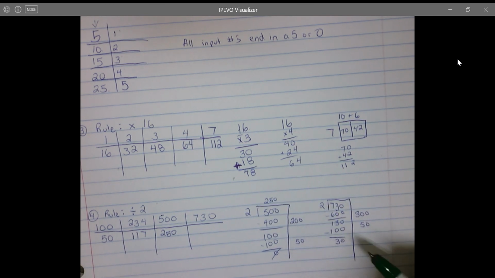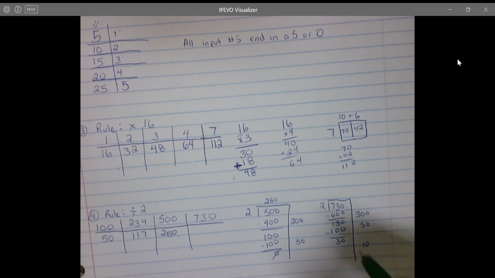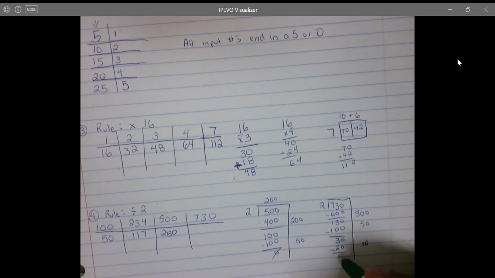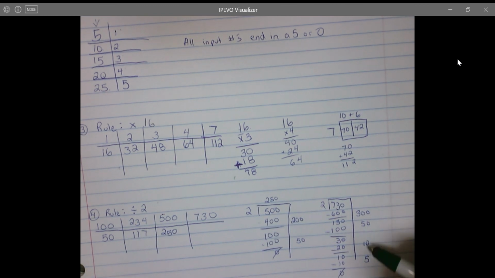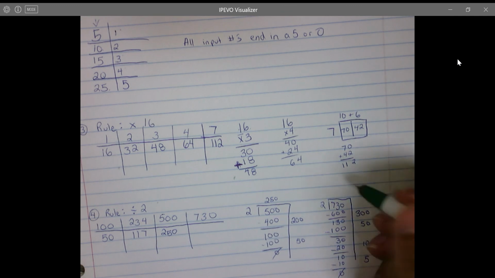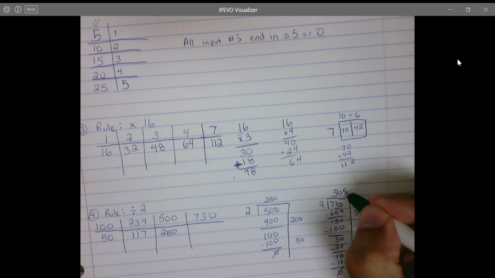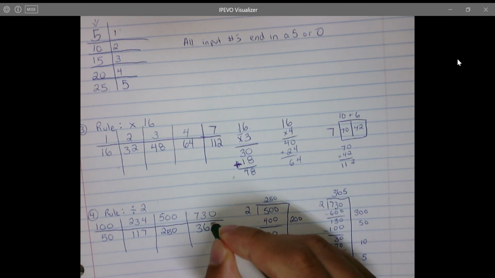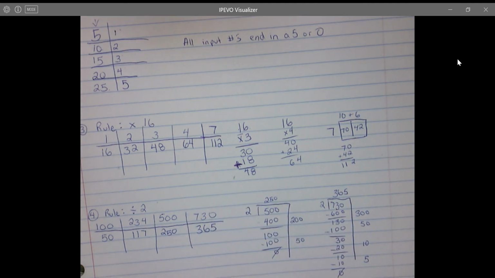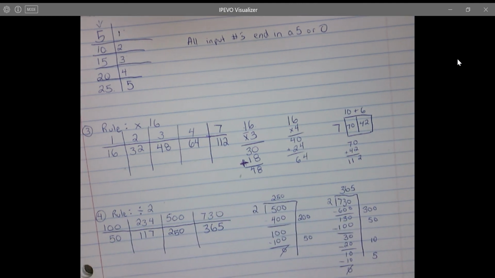If I don't know right away that it's 15, I could multiply 2 by 10. That would be 20. I'm left with 10, and then 2 multiplied by 5, 10, subtract, left with 0. So now when I add up all of my partial quotients, 300 plus 50 plus 10 plus 5 would be 365. So 365.